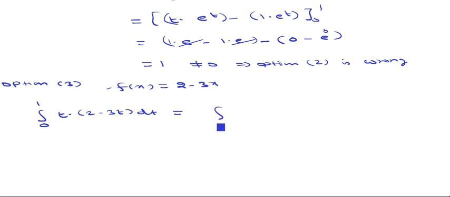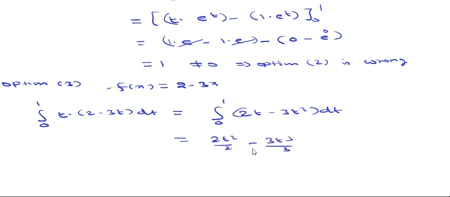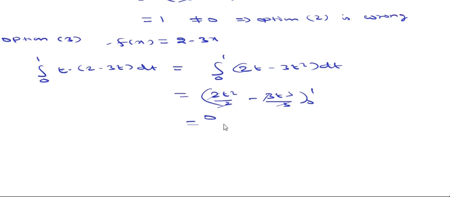So when you multiply, we get 2t minus 3t square dt. When you integrate, 2t square by 2 minus 3t cube by 3, with the limit 0 to 1, this will be equal to 0. So this implies option 3 is correct.